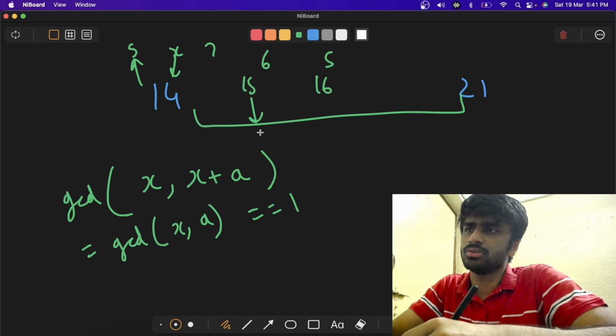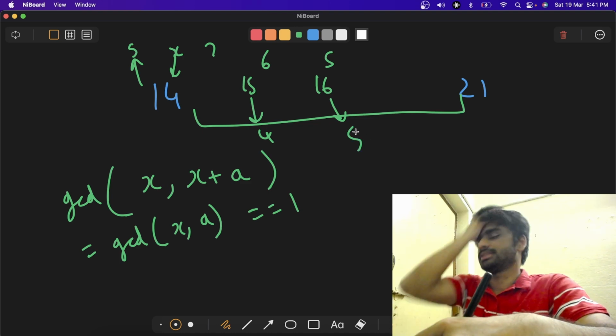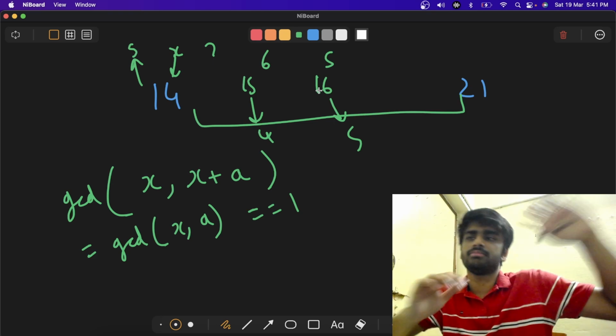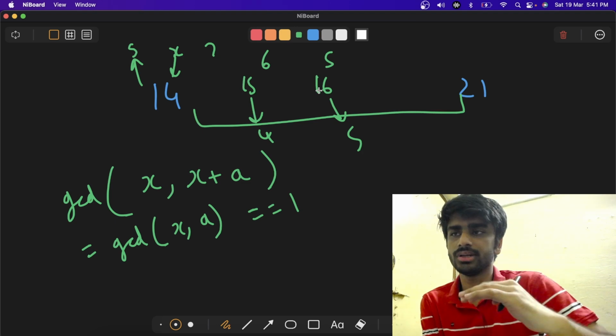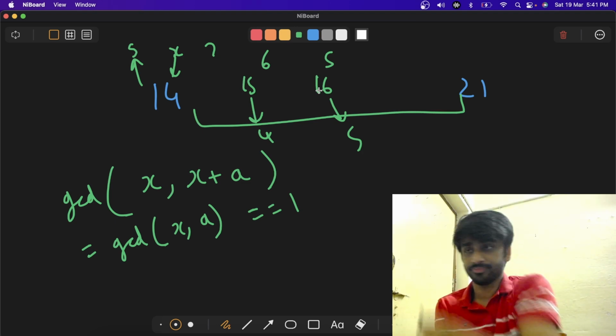Here it turns out to be 4, but 4 is not the answer. Here it turns out to be 5 and 5 is the answer. So yeah, something like that. For each number we have the maximum value of a, and we want to pick a number smaller or equal to that such that it is coprime with the x that we pick.